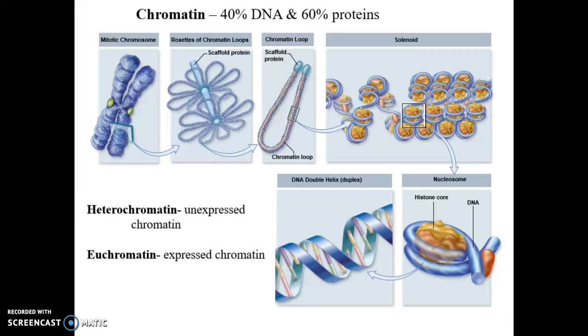Euchromatin is the pieces of information, or chromatin, that actually codes for a specific protein, which then becomes expressed as a specific trait. So your hair color, your eye color, your height, your weight, your blood type, all these features and traits about us that are expressed are due to the information contained in the euchromatin part of our DNA.